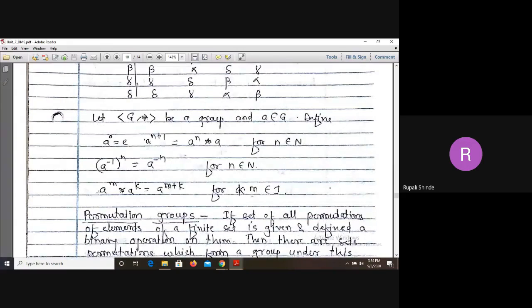And next, A raised to m star A raised to k is equal to A raised to m plus k. Because the base is the same here, we can add the indices as m plus k. I think all of these rules we have seen in mathematics. Same rules are here for groups also.